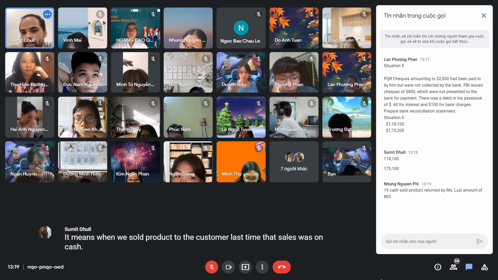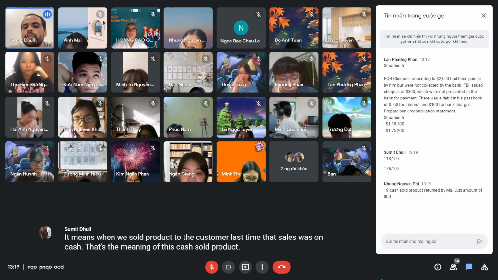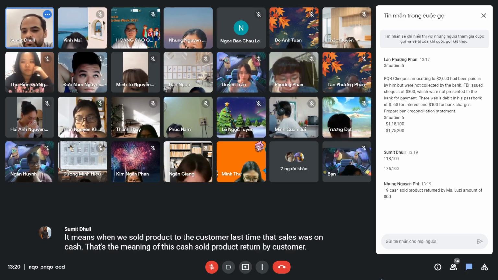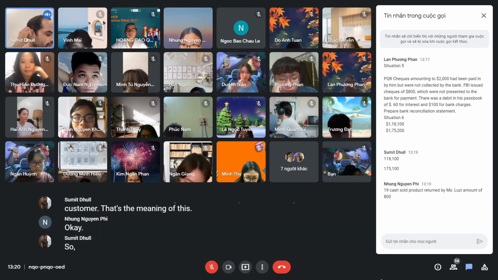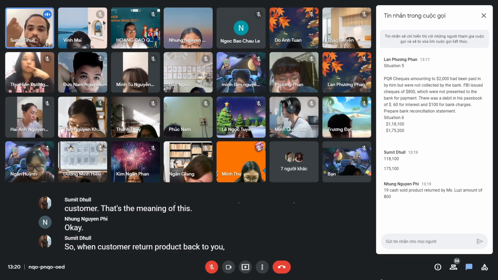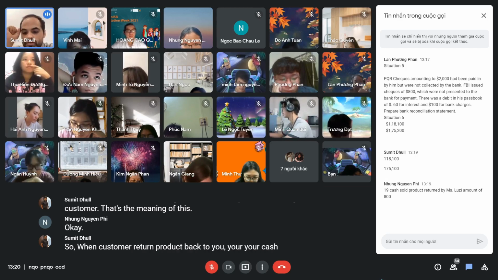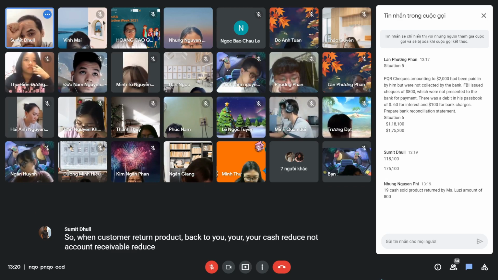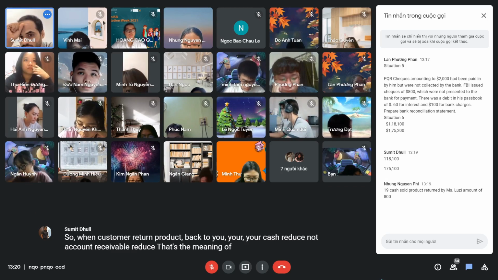That's the meaning of this: cash-sold product returned by customer. So when the customer returns product back to you, your cash reduces, not accounts receivable. That's the meaning of this.